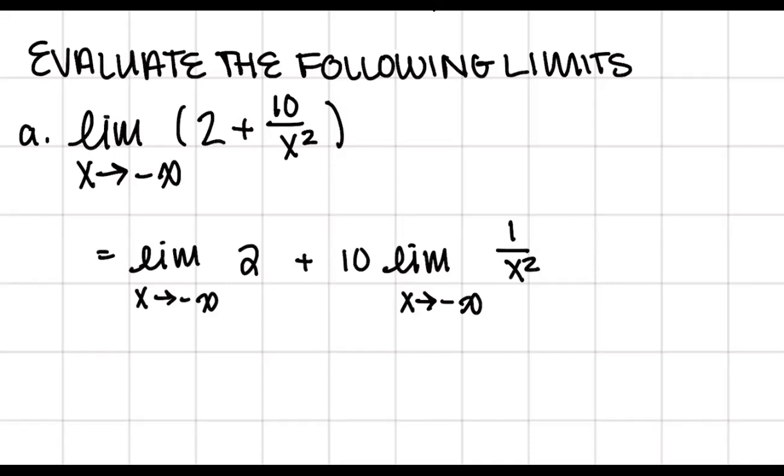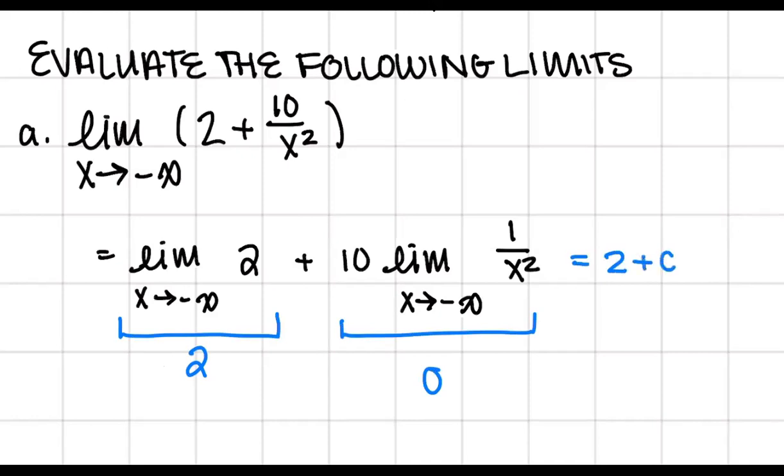So we know that this first term is going to be equal to the value 2. And the second term, anytime we get 1 over x squared, that's going to be as close to 0 as possible. So we've got 0 times 10, that equals 0.